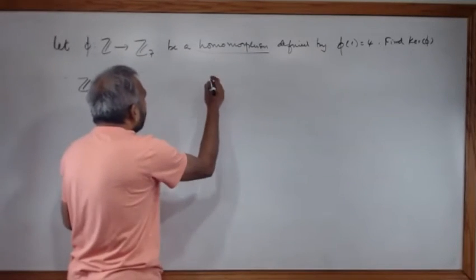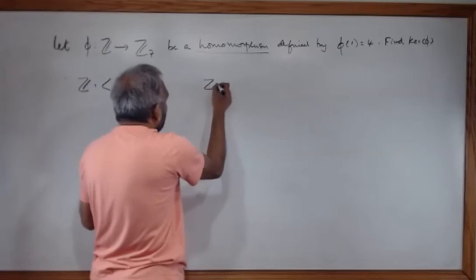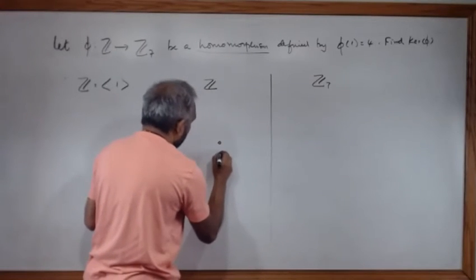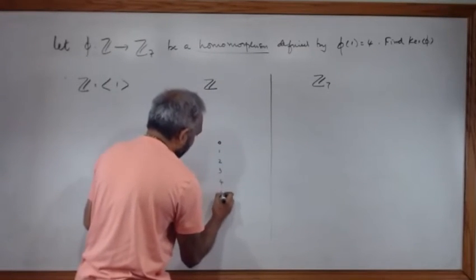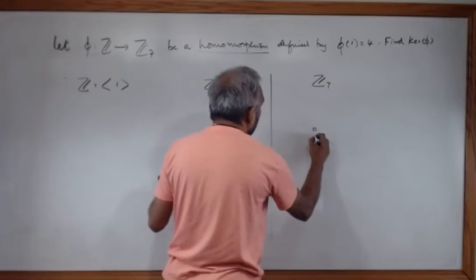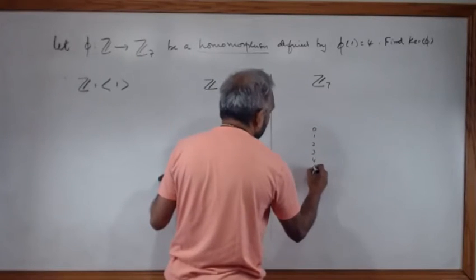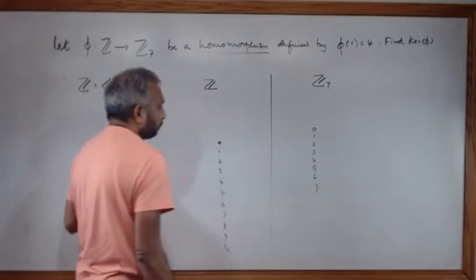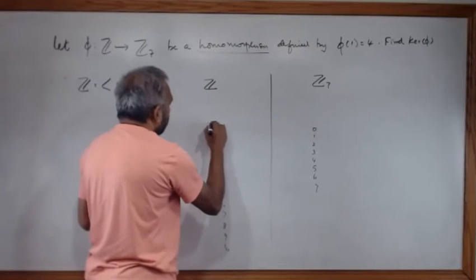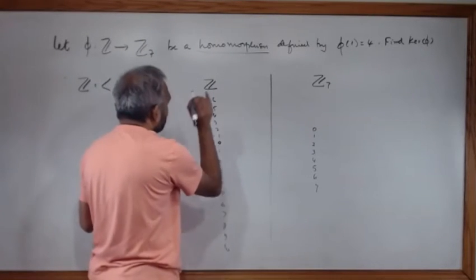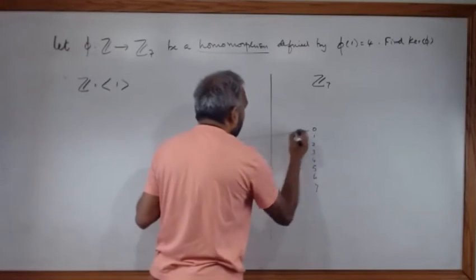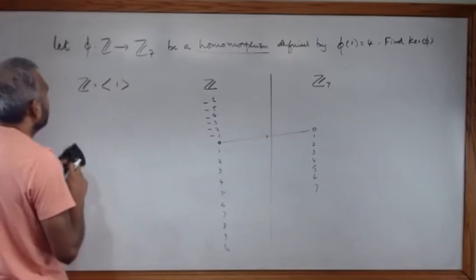So we will write it like this: Z and Z7. 0, 1, 2, 3, 4, 5, 6, 7, 8, 9, 10, etc. Here 0, 1, 2, 3, 4, 5, 6. And here minus 1, minus 2, minus 3, minus 4, minus 5, minus 6, etc. So phi of 0 definitely is going to 0 because it is a homomorphism.